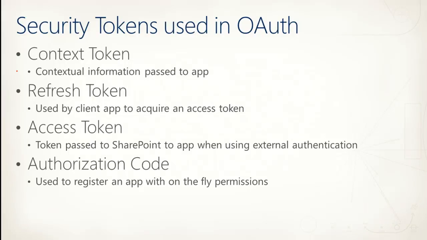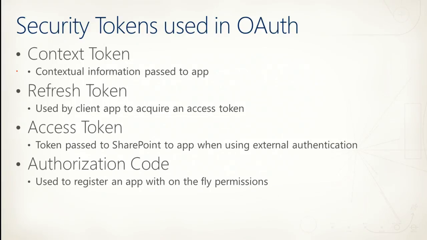The idea is then SharePoint can propagate the context token to the app, and the app can see what's inside there. Secondly, there's the refresh token. The refresh token is something that the app can use to call into ACS and say, give me an access token.